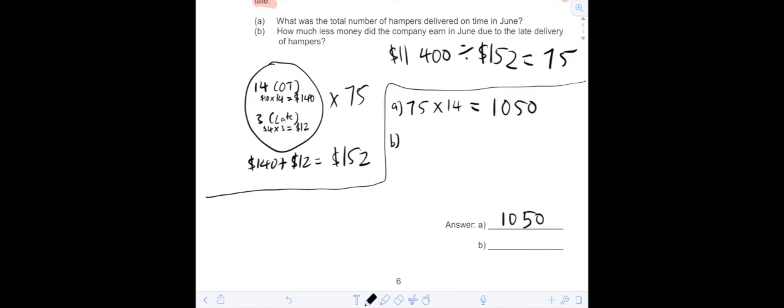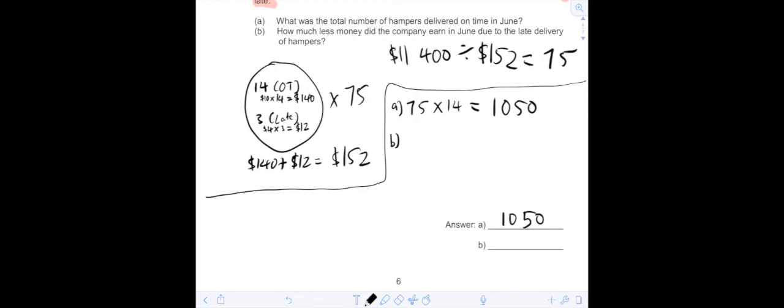For part B, how much less money did the company earn in June due to the late delivery of hampers? Now this one is slightly complicated, because you have to do a little bit more understanding. Now let me ask you, if the company had delivered all on time, the 3 late that they delivered on time, they will have earned how much for each hamper?